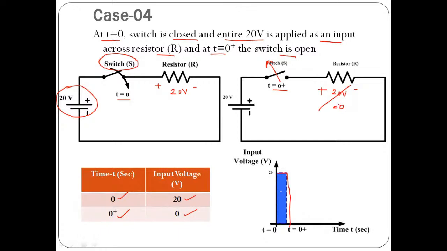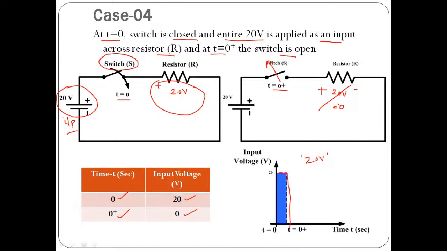For a very short span of time, we apply the entire 20 volts across the resistor, and then we remove that voltage. So this is the fourth way through which we can provide this input as an excitation to this system, which is nothing but a resistor in our case.